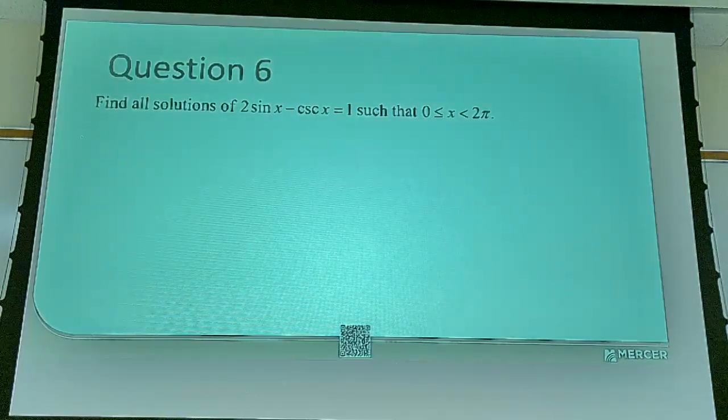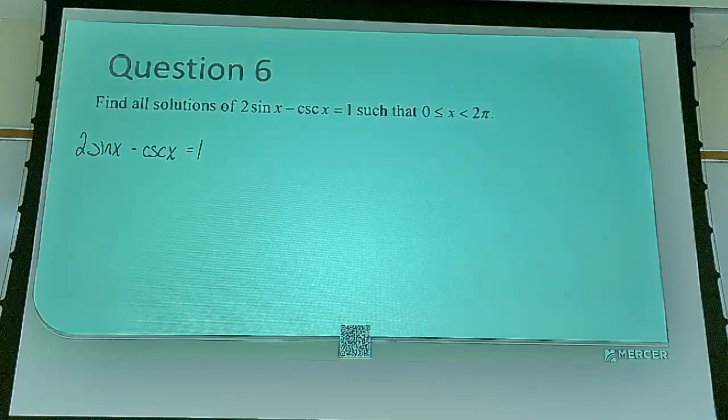2 sine x minus cosecant x equals 1. Well, first, recognize that cosecant's 1 over sine.